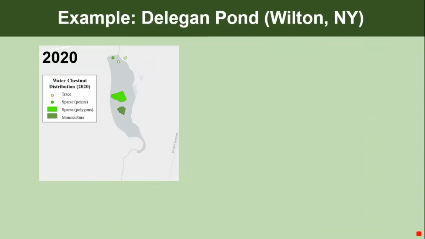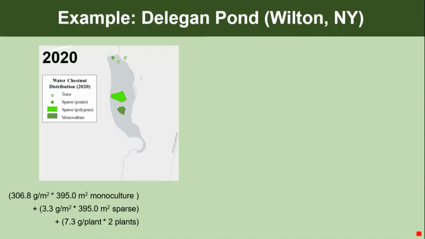But to look at it at a more site level example, so here's Delegan Pond in Wilton, New York. In 2020, it was mapped by Capital Region PRISM, and you can see there's this monoculture patch, then a larger sparse patch, and then a couple more instances at the north end of the lake.